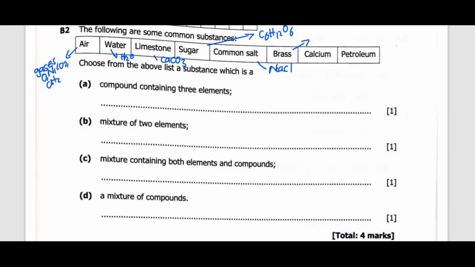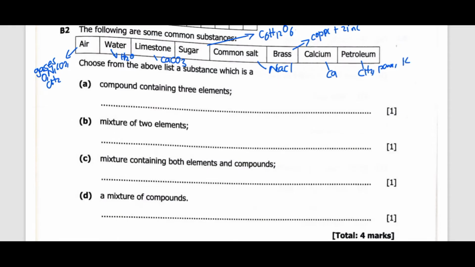Brass is an alloy of copper and zinc. Calcium is just a pure element. Petroleum is a mixture of different molecules, like methane, paraffin, and kerosene. There are so many mixtures.